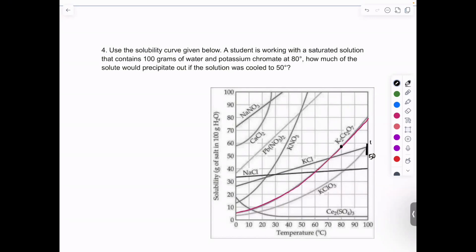Here's 50, here's 60. It's definitely past the middle point. I would say 57 grams. Your teachers are going to give you some leeway there. Now at 50 degrees, we're right at 30. You could probably say right at 30 there.